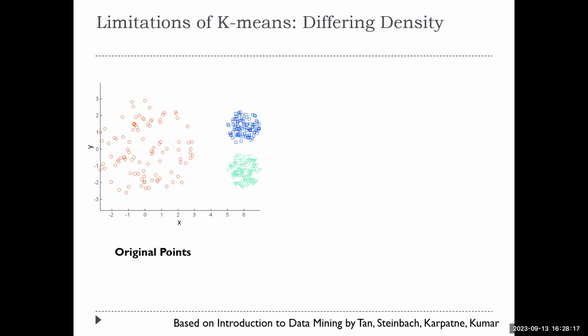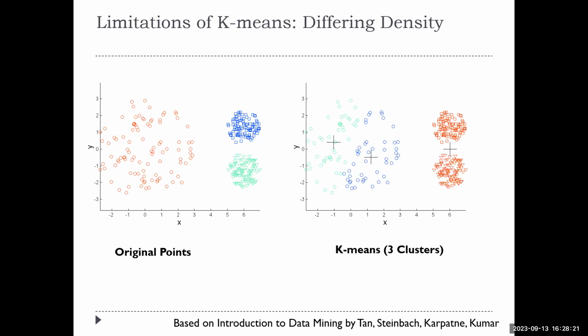If we apply k-means with 3, it's going to consider that those dense clusters are close to each other. It's going to merge them into one cluster. And the big, non-dense cluster will be split into 2 clusters. Okay, so do you see the limitations?